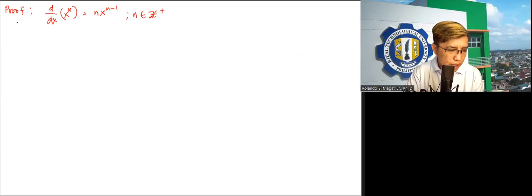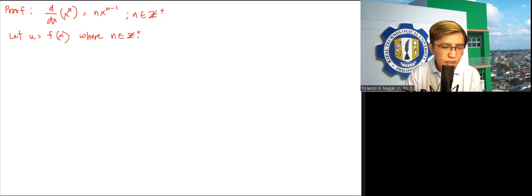So, we let u be equal to f of x, where n belongs to the set of positive integers.